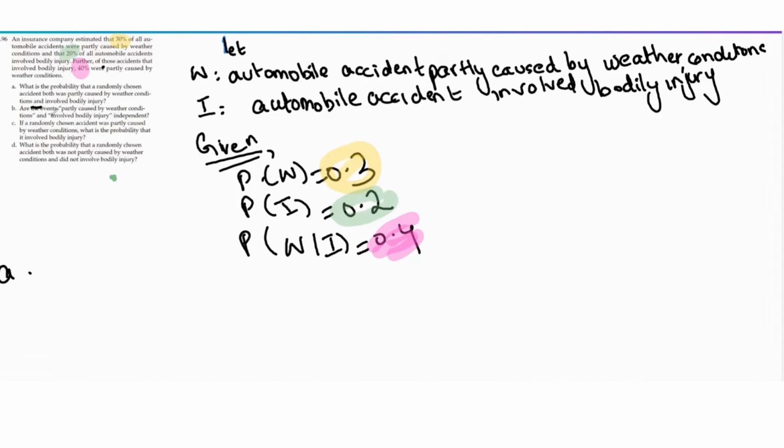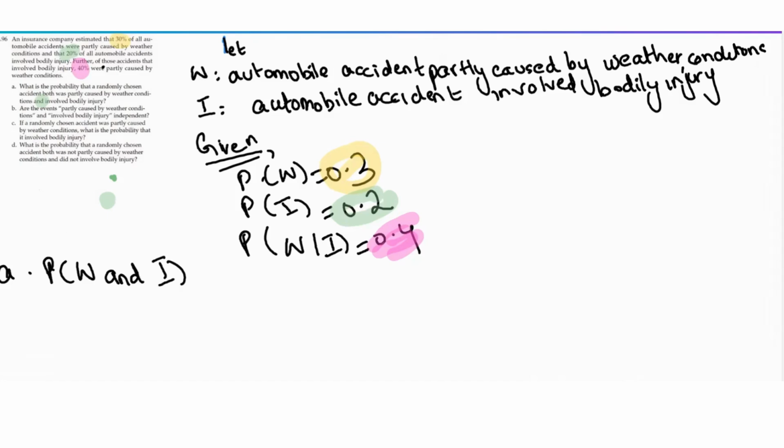The keyword here is and. Remember, and means intersection. So we want to find the probability of W and I. That's what the question is asking us.